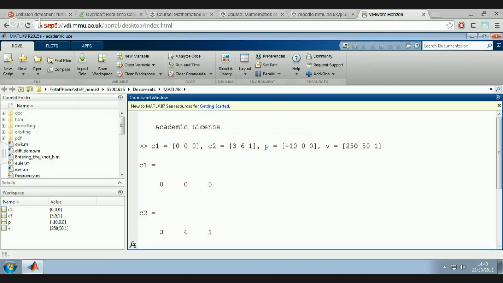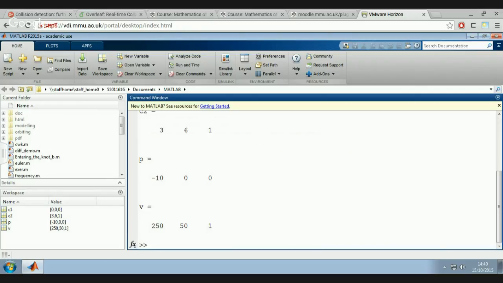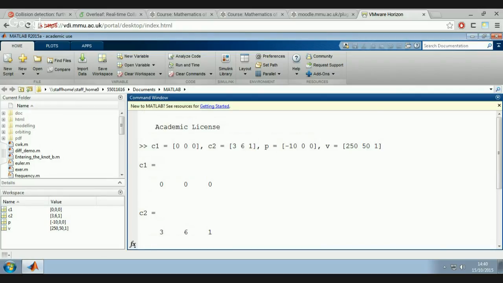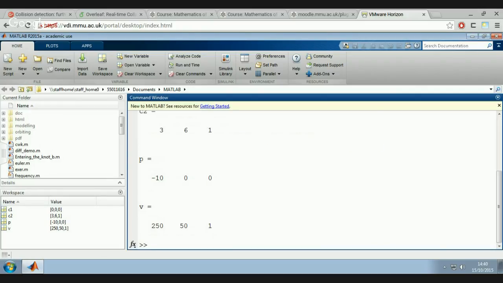It's an awful lot easier with MATLAB, with any kind of computer. So I can give it the C1, the C2, and the P and the V. So what is G? You look at the instruction of G. G is V minus the dot product of... Oh, I need to form L first. So L is C2 minus C1.